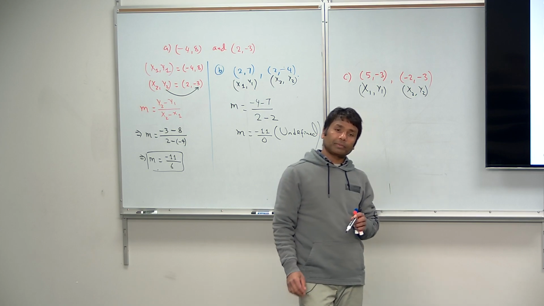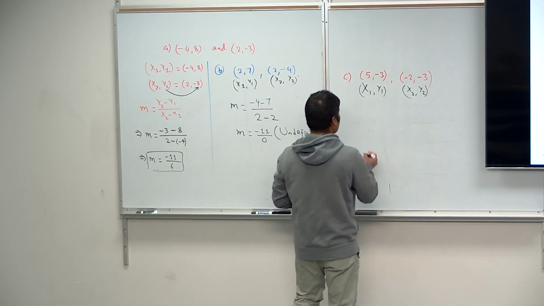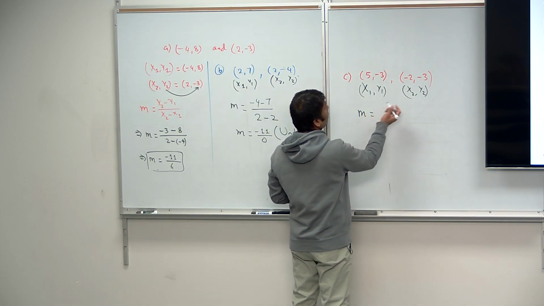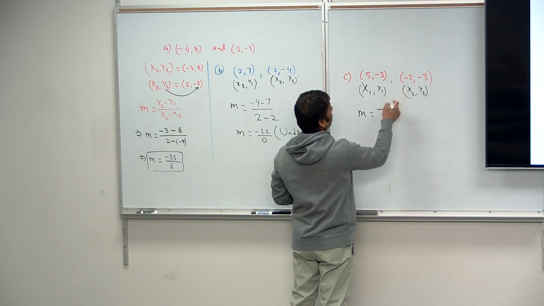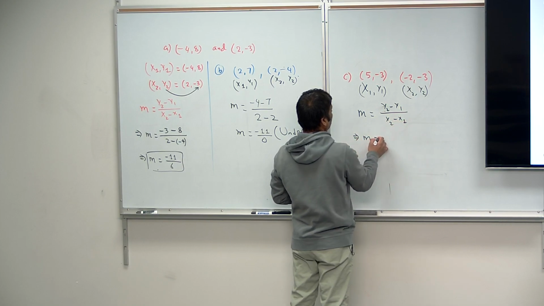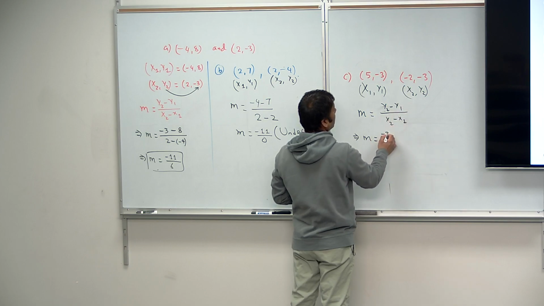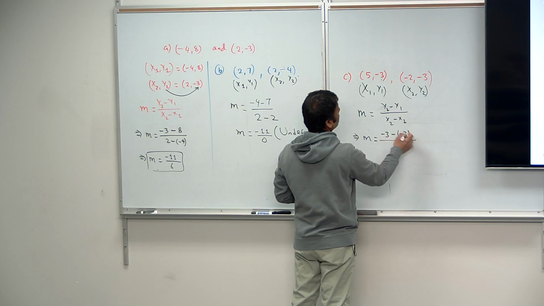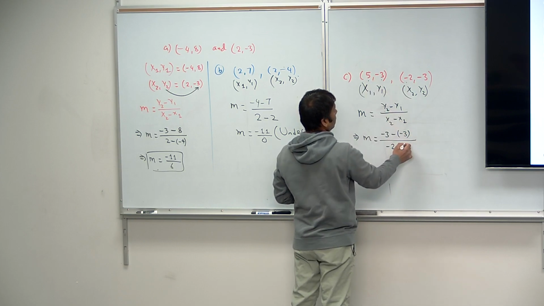So m equal to y2, which is -3, minus -3, over x2, which is -2, minus x1, which is 5.